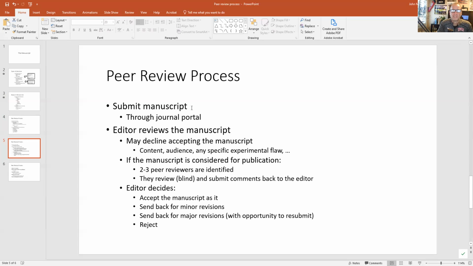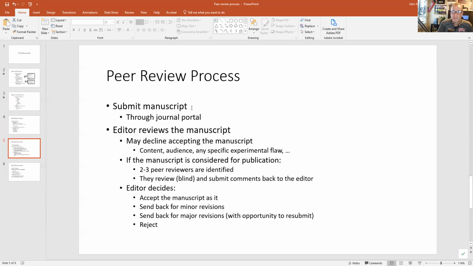If the editor does consider the manuscript for publication, then the editor sends the manuscript to 2, maybe 3 reviewers. These reviewers are peer reviewers, and they are other people who do a similar type of research.